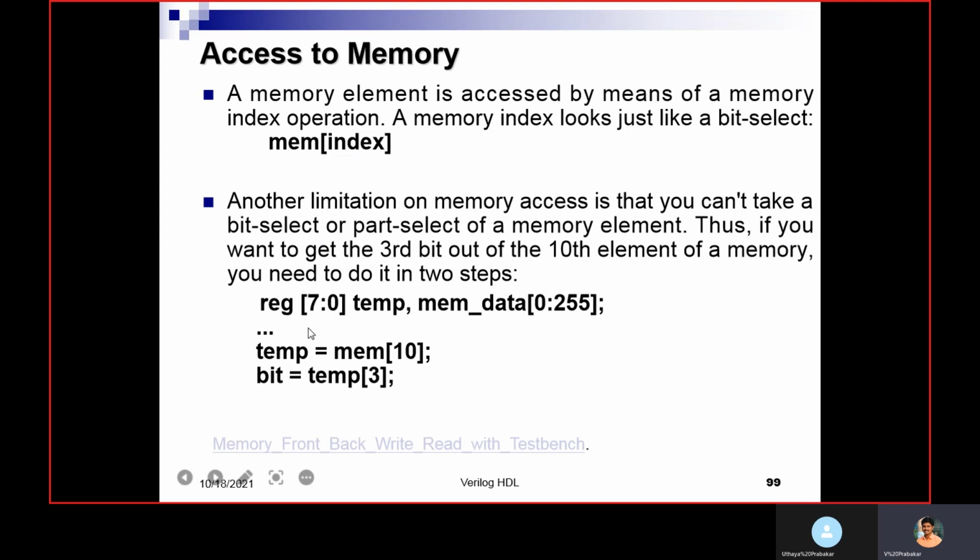Thus, if you want to get the third bit out of the 10th element of the memory, you need to do these steps. First, this is the declaration: reg [7:0] temp, a vector 7 to 0. Another one is mem_data, which we create as reg [7:0] mem_data [0:255]. So this is the memory.